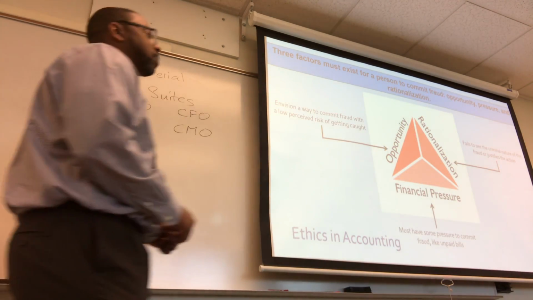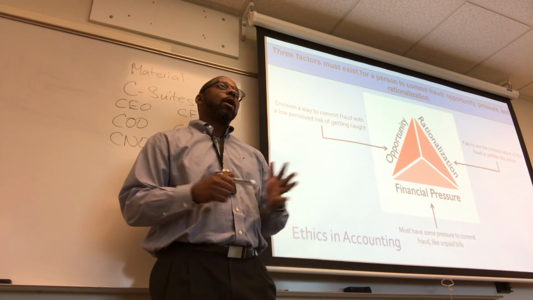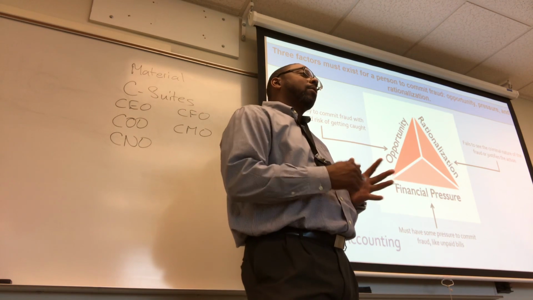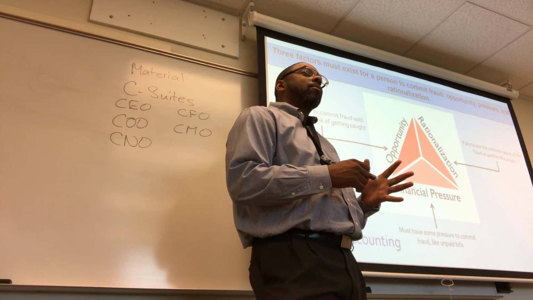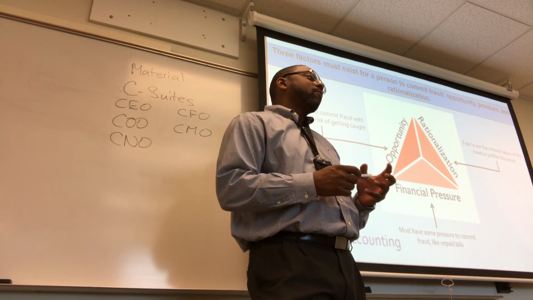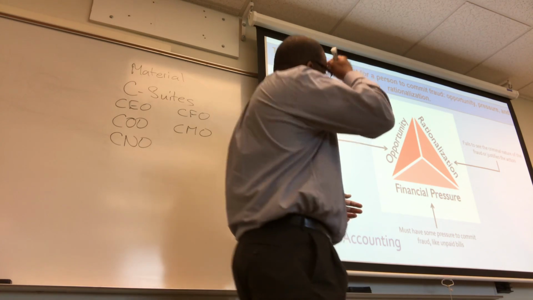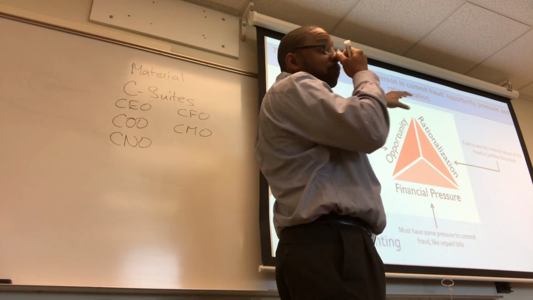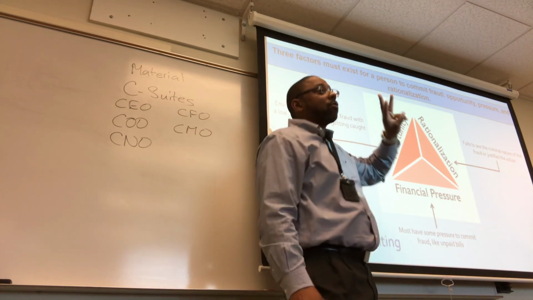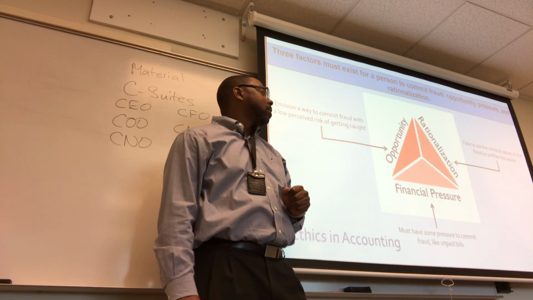Also, when it comes to ethics, we think about what environment needs to be set up that a fraud could transpire, right? What's the environment that could create a fraud? In the environment, we have this thing called the fraud triangle. And what it states is that there's three things that you basically need to have a fraud happen.